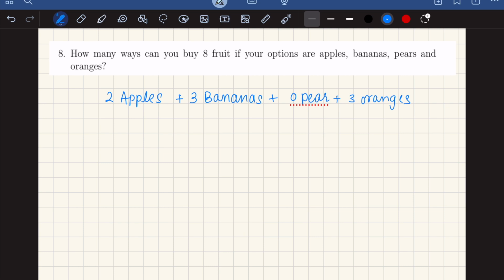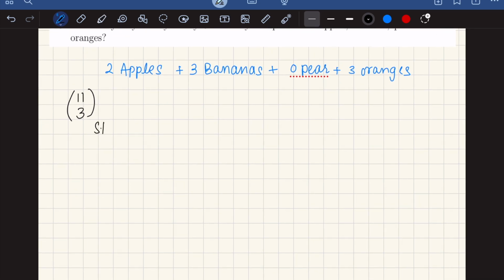So I think most of you have got it right. The answer is 11 choose 3. How do we arrive at that? This is what is called stars and bars counting.